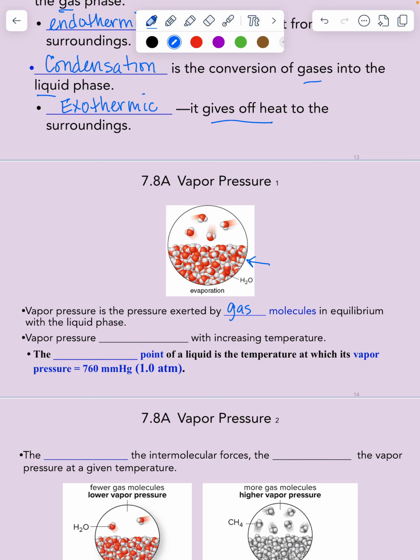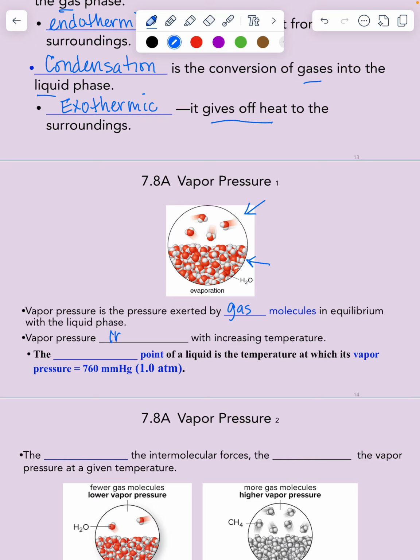And when you have a closed system like this, the gas on top is going to exert a pressure on the liquid below, and this is called vapor pressure. And so in order for these other liquid molecules to turn into a gas, they must overcome the vapor pressure. And so vapor pressure increases with increasing temperature.